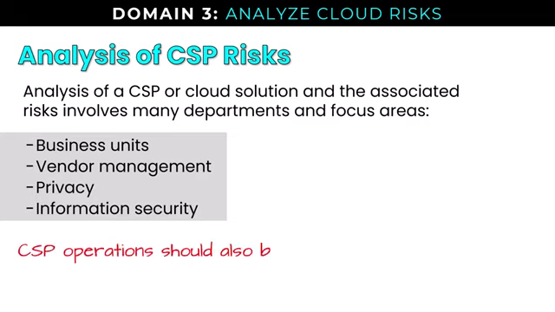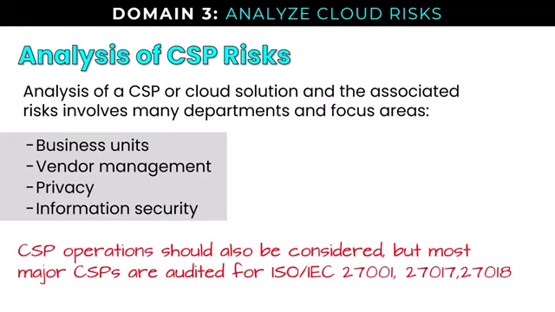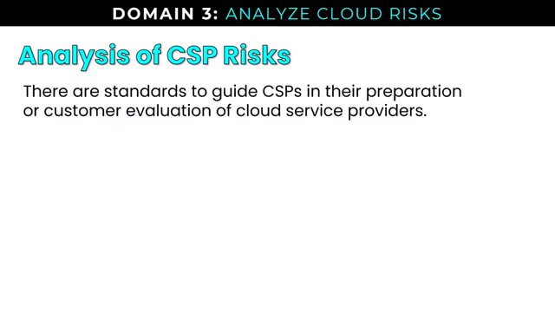And CSP operations should also be considered, but most major CSPs are audited for ISO IEC 27001, 27017, and 27018. Now, what are those exactly, do you ask? Well, these are standards to guide CSPs in their preparation or for customers evaluating potential CSPs.